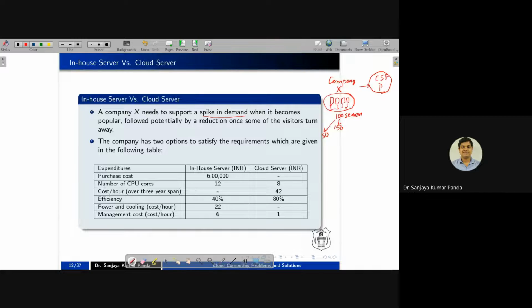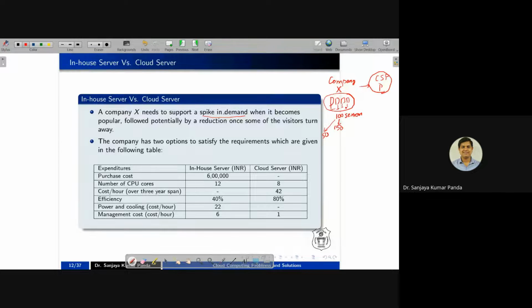So you have 100 servers in your company, but suddenly your requirement may increase to 150, or suddenly decrease to 50. There is a spike. Maybe in the upper half you get a spike, which is peak demand, or in the off-peak case you reach a lower point, that is 50 servers.